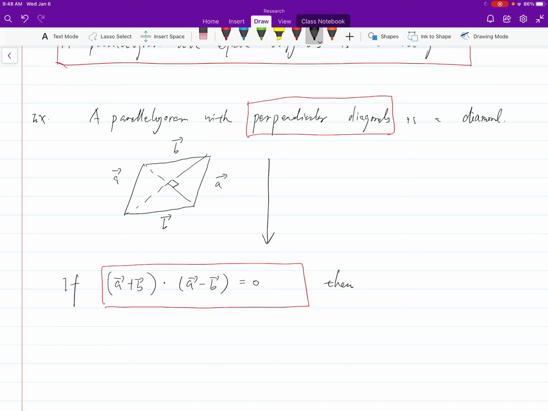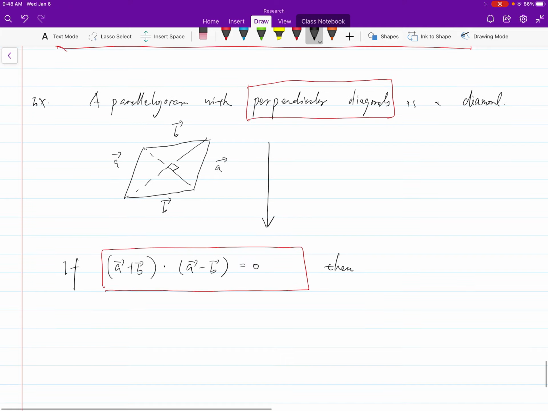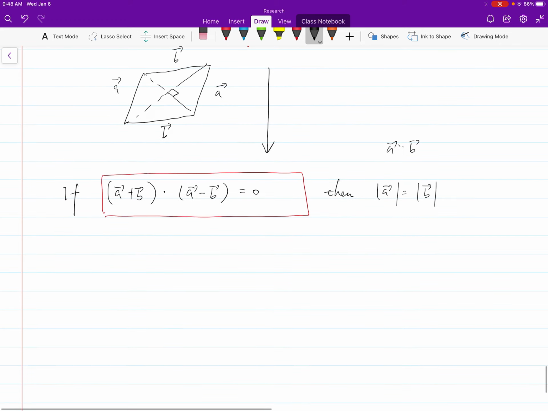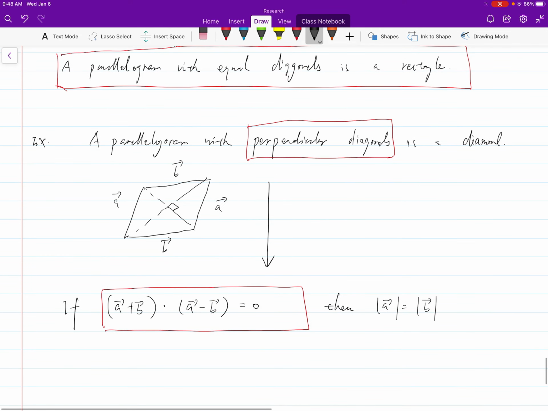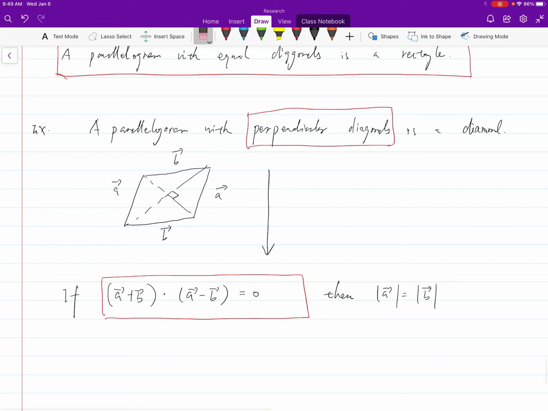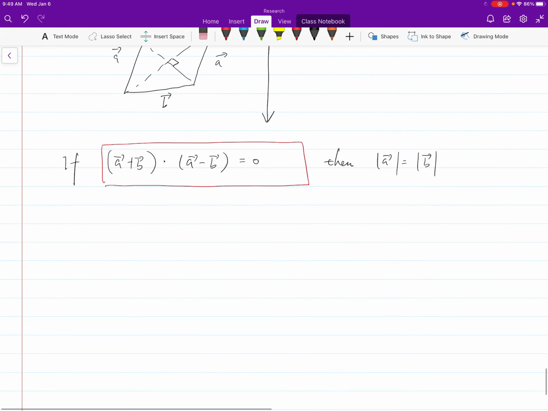Then you have a diamond. What do you mean by that? That means a and b have the same length. Not the same direction, so you cannot simply say a equals b in terms of vectors, but the magnitude will be the same. So to say everything like this is equivalent to saying something in the vector language. Then to prove this one is the same as proving this same thing in the vector language.